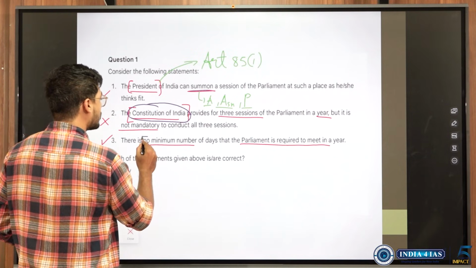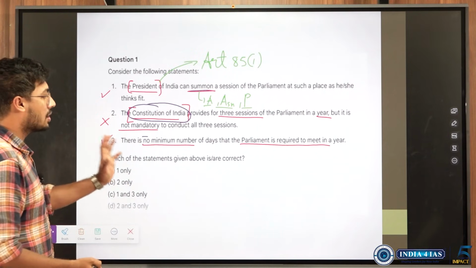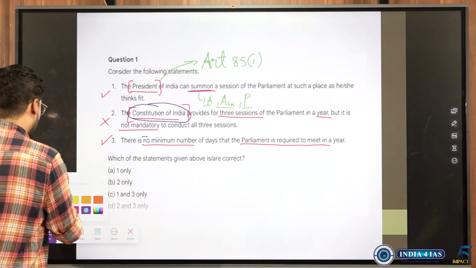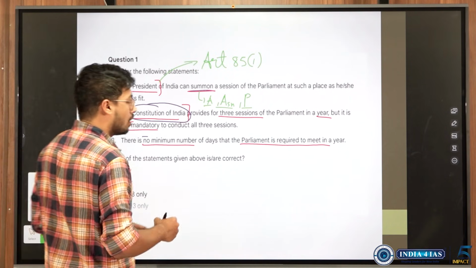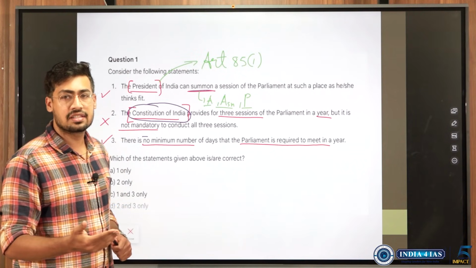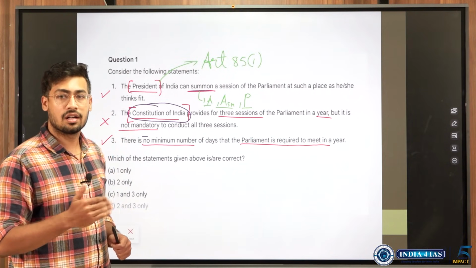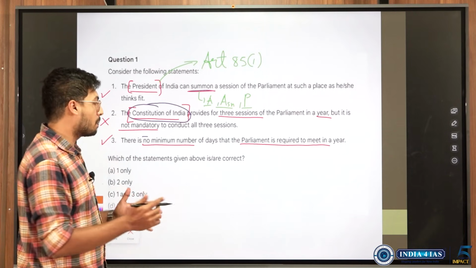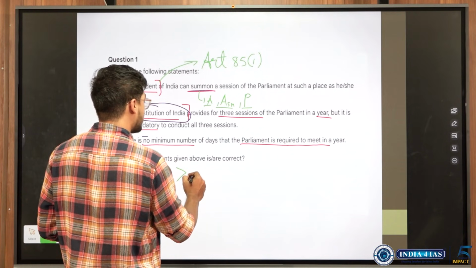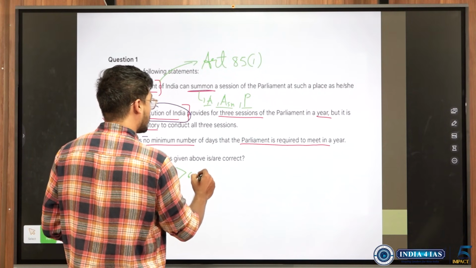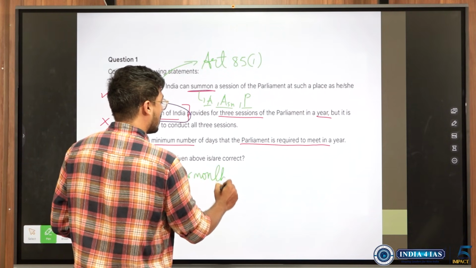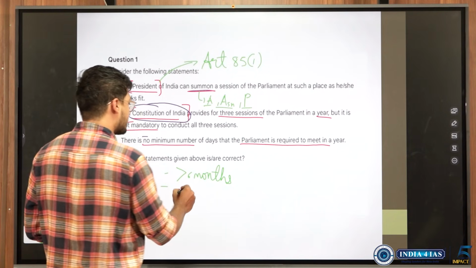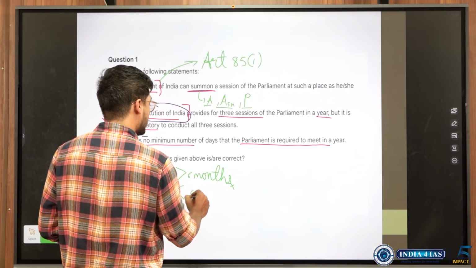So we need to be aware of the little bit of things which are there in the Constitution, right? Also, there is no minimum number of days that the Parliament is required to meet. Another thing we need to know: there will be a sitting in the monsoon session and in the budget session. Between any 2 sessions of Parliament, the gap should not be more than 6 months.